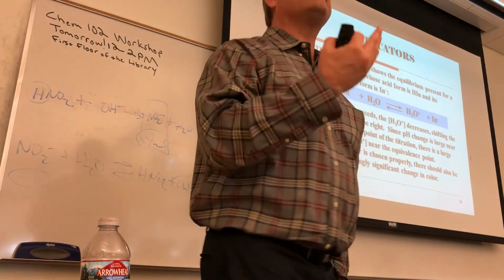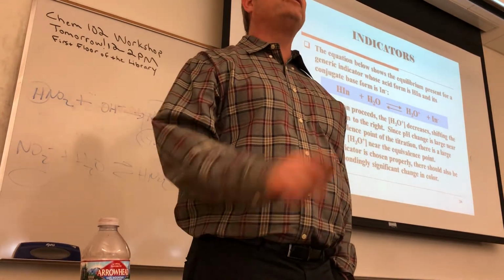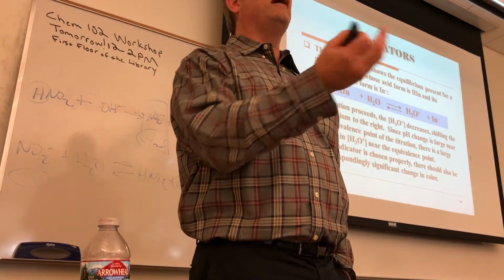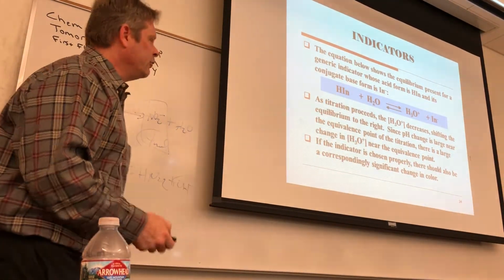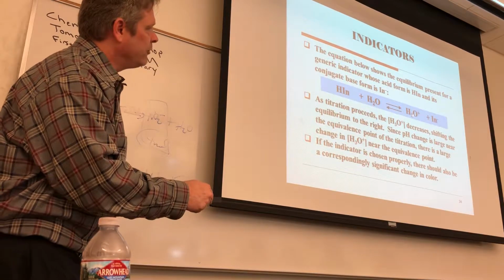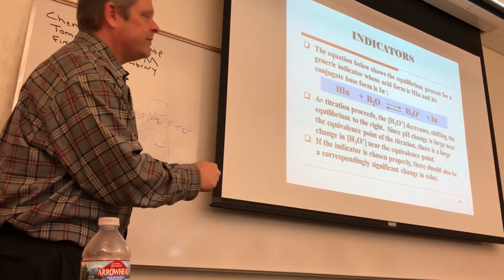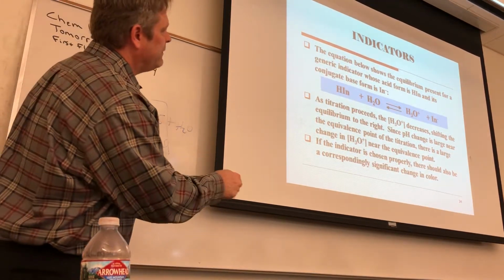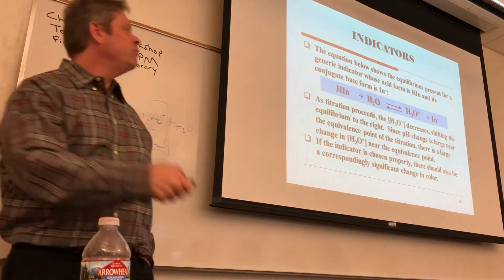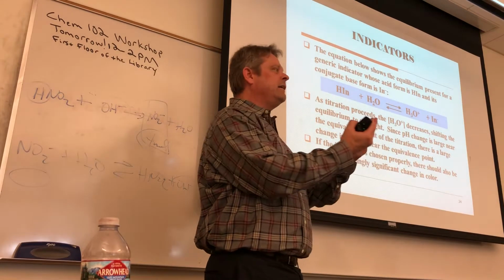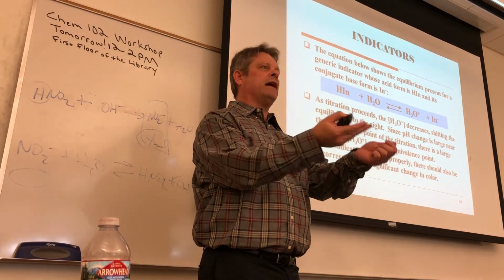It is reacting, that's exactly what it's doing. But it's doing it based on the conditions of the solution, and that's the key. If the solution is acidic, then you're forcing it this way and you have this. If the solution is basic, you're forcing it this way because you're pulling that out, and now you have that. And whether I have this or this will indicate the color of the indicator at that point.